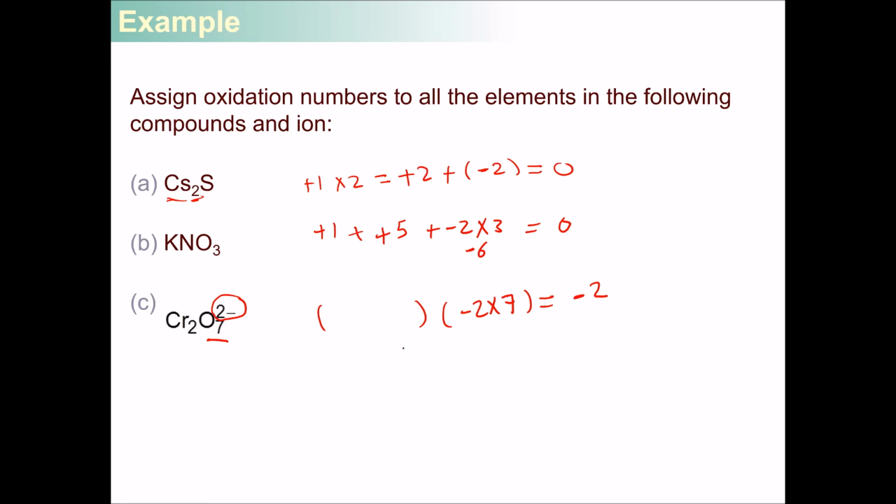So it has to add up to +12, so that it adds to the -14 from oxygen to an overall charge of 2- for the ion. So that means it should be 2 times +6 for each chromium atom.